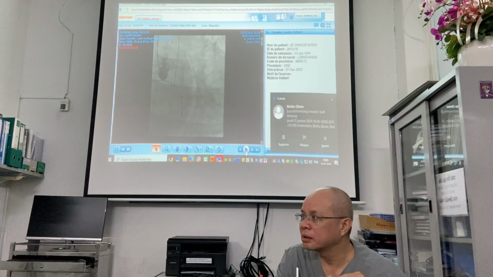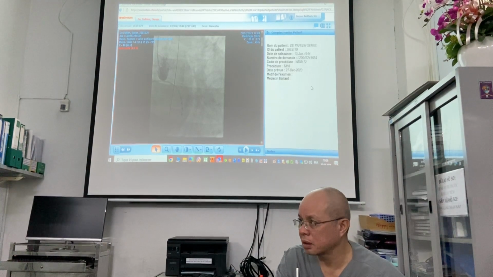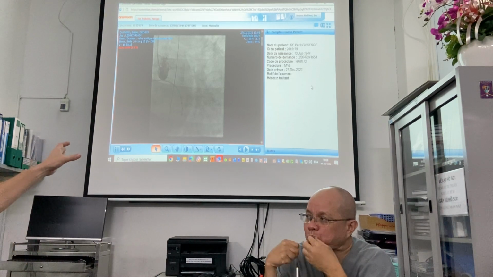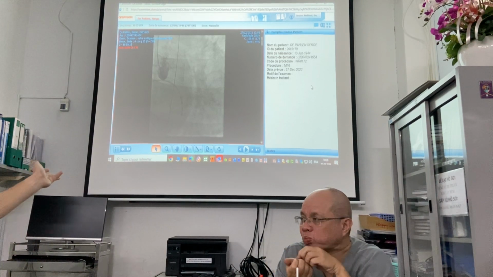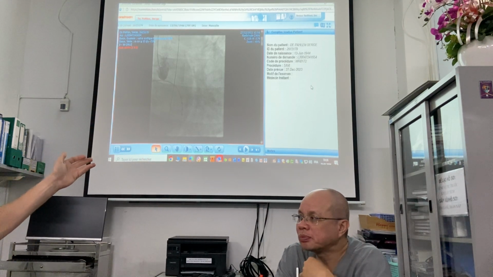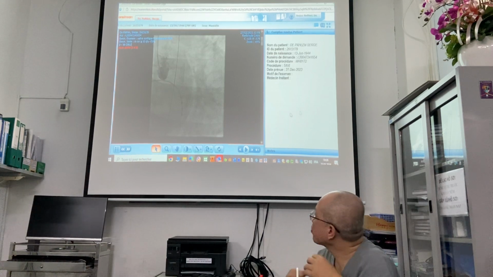We do a CT scan, we do all kinds of things, and when all this is done, then we plan. We have a valve board where we discuss the patient and the strategy. So it was decided to use 34, but then the lady from Medtronic said, no, 34 is too big, and I don't know why. I accepted her decision, and then you will see what will happen.